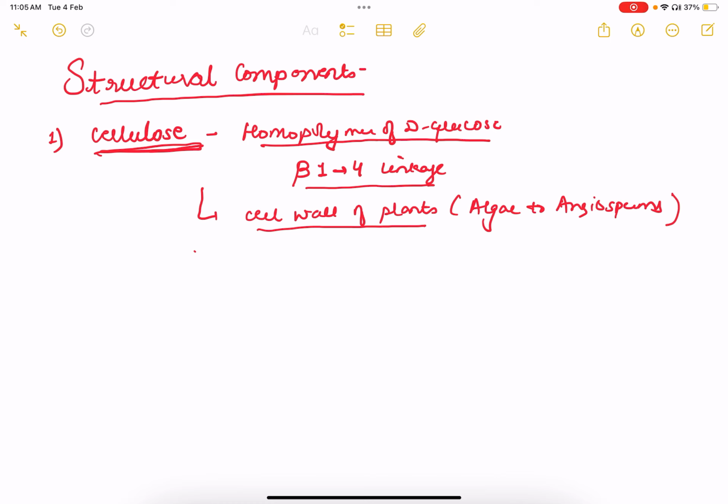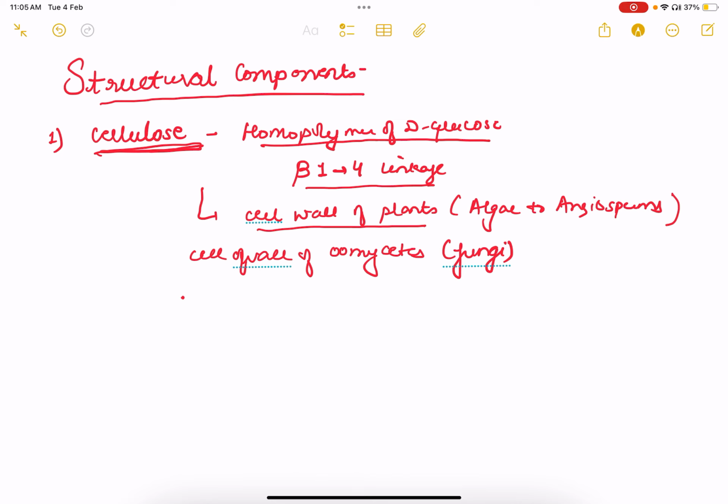It is also present in the cell wall of oomycetes. Oomycetes are a category of fungi. So it is present in the cell wall of oomycetes, not all the fungi.